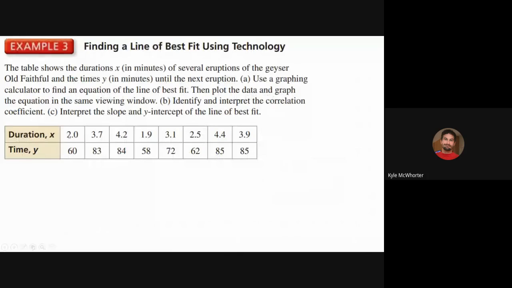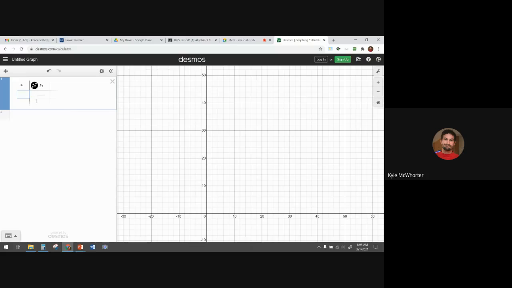So 2.0, 3.0. You can go down and make all the X values, or you can make them one pair at a time. You want to make sure that you're getting the X and Y pairs together, so maybe I'll put those in together. So X was 2, Y was 60. So when X1 is 2, Y1 is 60.